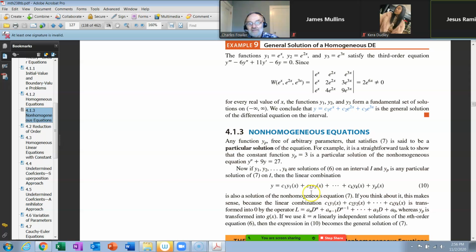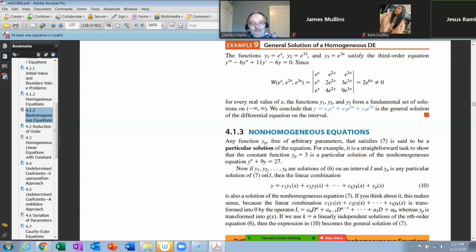That will also be a solution for your non-homogeneous equation, okay? Because these would equal the 0 case, and this one particular solution would equal this one. So obviously these add up to the 0, plus that one adds up to exactly what your differential equation is.